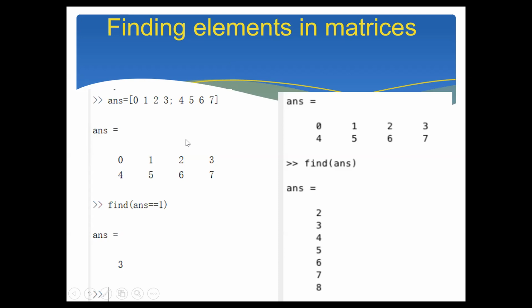And sometimes I also want to find elements in the matrix, right? So if I have a matrix here, I want to find where the element is equal to 1. I will type find, then this matrix, double equal. Double equal means to make a criterion, to check whether it's 1 or not.